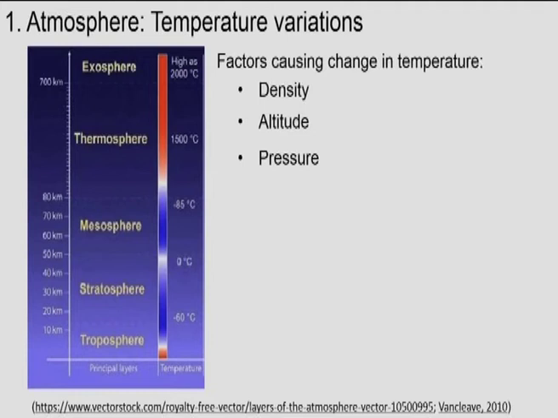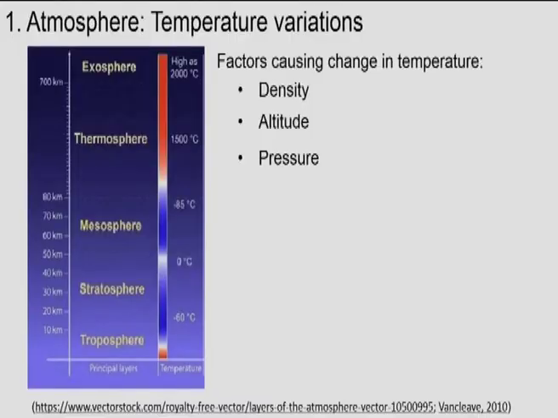In the lower troposphere, it is very hot because the earth's surface absorbs heat and radiates back, and when it goes above the stratosphere, the temperature is very cold again, the coldest region being the mesosphere. However, when it reaches the thermosphere, as I mentioned already, it becomes very hot. So the temperature is caused by differences in the density of the air, the altitude of each layer, and the pressure.